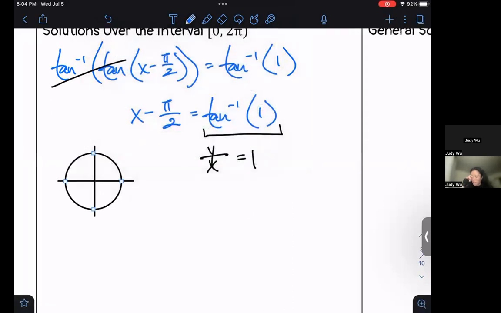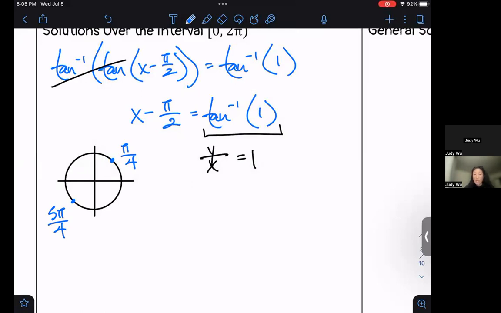Now, where on our unit circle do we have a y and an x value that when we divide them, we get 1, right? That's really code for saying y and x better be the same number. And in fact, that happens twice. Once here at pi over 4, and once here at 5 pi over 4, okay? So we've got our pi over 4 and our 5 pi over 4.